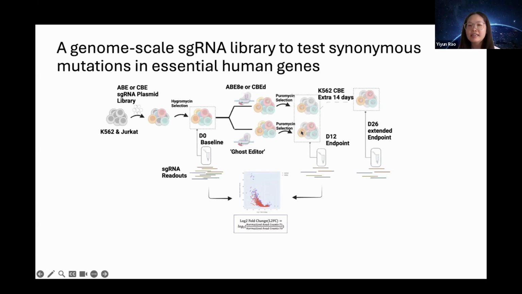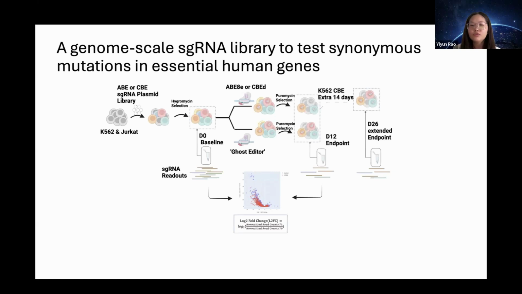Note that the cytidine base editor is actually a little bit less efficient than the adenine base editor, so we extended the CB screen for an extra 2 weeks in K562 just to let the editing events accumulate. And after that, we sequence the sgRNA and we calculate the fold change, quantifying the abundance change of the sgRNA across 2 different time points. And we also did statistical tests based on DESeq2.